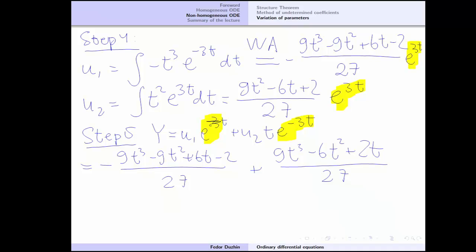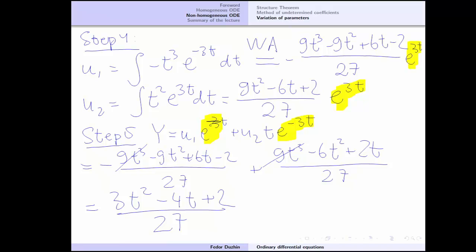Okay, so minus 9t cubed plus 9t cubed cancel out. Then I have minus and minus is going to give me 9t squared minus 6t squared, which is 3t squared. Then minus 6t plus 2t is minus 4t, and minus 2 plus 2 over 27.